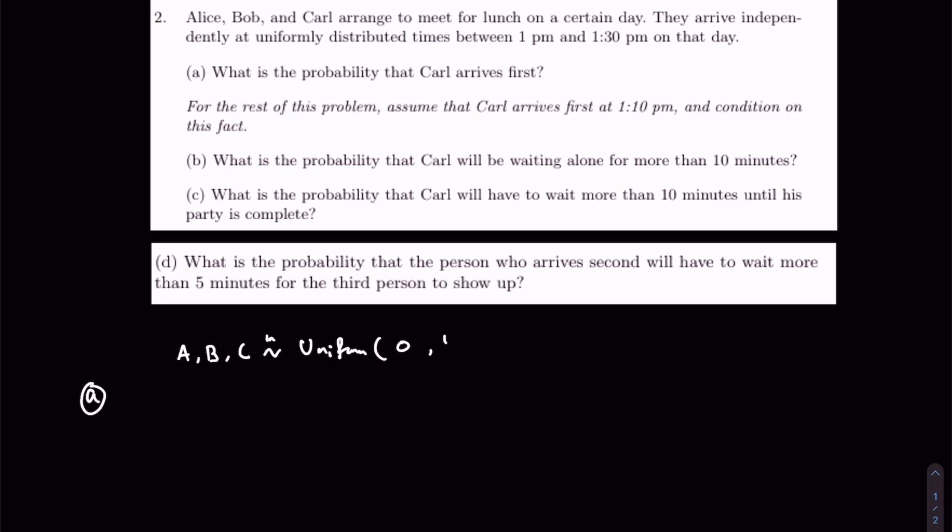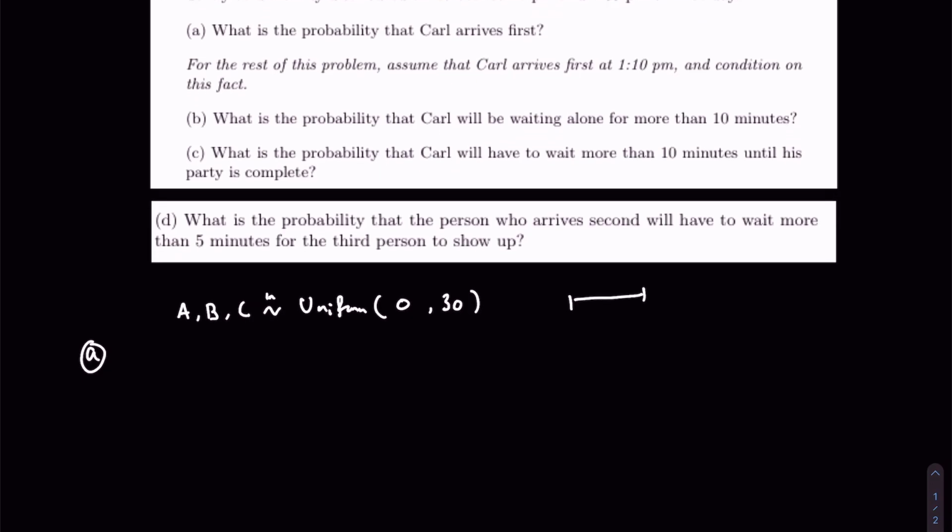Half, like so. And half means 30 minutes, just to make it a little easier to think about it, and then I'm going to standardize it. But we have here 0 meaning 12, and this is half, 0, 30 minutes, like so.